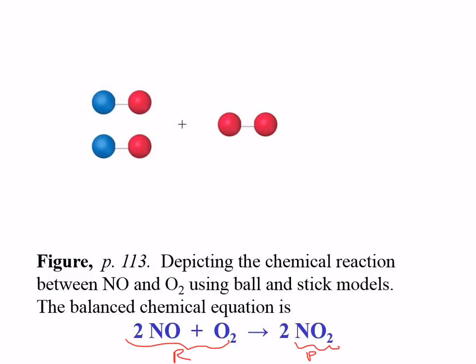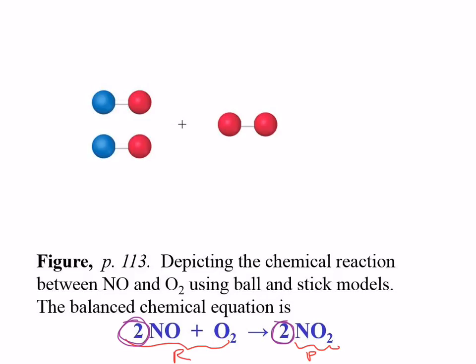This number 2 here is what somebody added in front of the NO to balance this. Notice that there's a 2 over here. That's the balancing part. So if we look graphically, what this means is we have 2 NO molecules, up here, plus 1 O2 molecule.